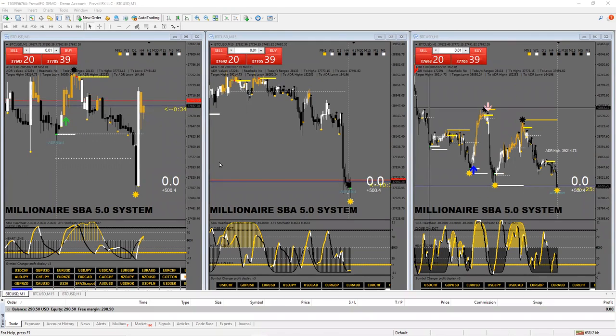Actually, we missed on more than 29, because we got out right over here and this thing went all the way down here. So we missed on 98 pips. We could have gotten 150 pips if we had no take profit and just let it ride.